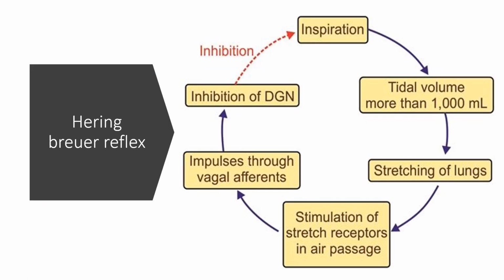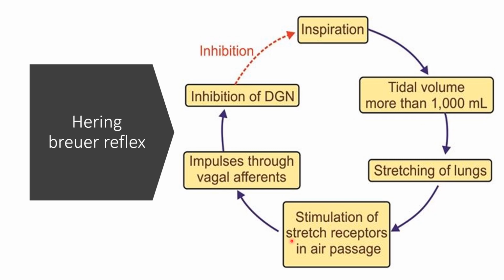Now, the Hering-Breuer inflation reflex. Here is a cycle. It's actually a reflex, meaning it starts and ends. Normal tidal volume is 500 milliliters. If it is more than that, more than 1000 ml, then what is happening? There is an overstretching of the lung.